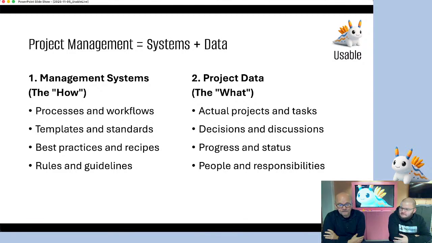We capture all of that. We set it up pretty fast. We had some minor issues in creating it, but that's because the usable chat is not quite up to date yet. And the other side is the data, the project data, the what: the actual projects and tasks, decisions and discussions, progress and status, people and responsibilities.